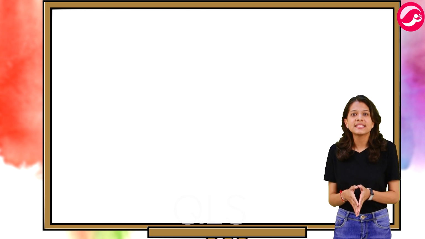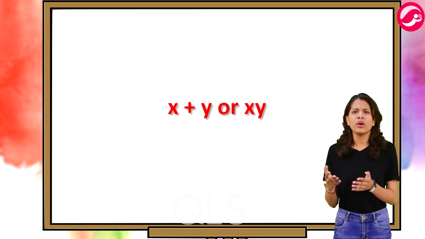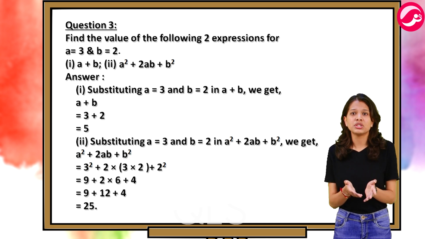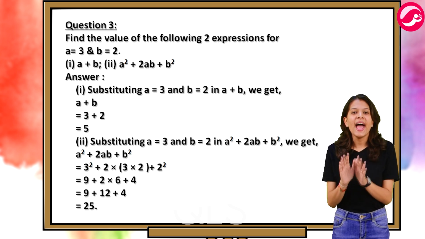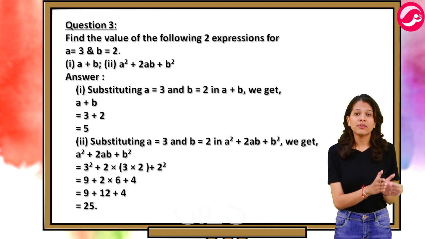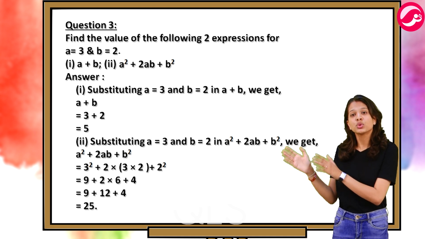Now, let's see cases when we have expressions of two variables, for example, x plus y or xy. The question says, find the value of the following two expressions for a equals 3 and b equals 2. The first is a plus b and the second is a square plus 2ab plus b square.